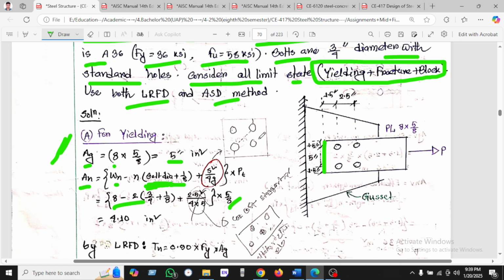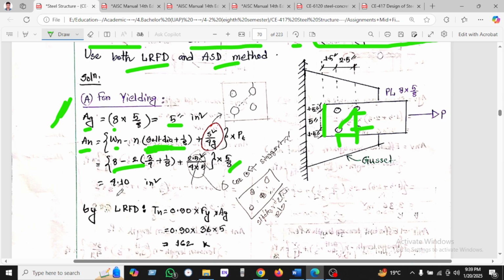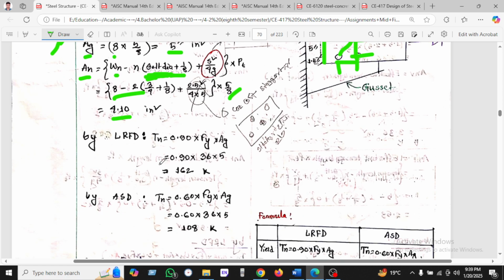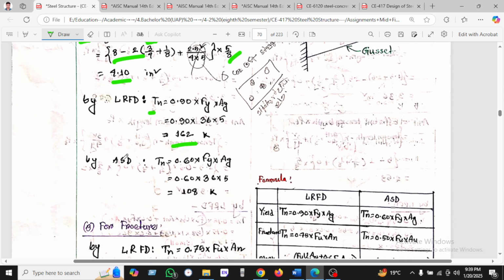So the stagger is this portion: horizontal 2.5, vertical distance 5, squared, and 5/8, and found it equal to 4. Using the LRFD method I found 162, and using the ASD method I found 182.